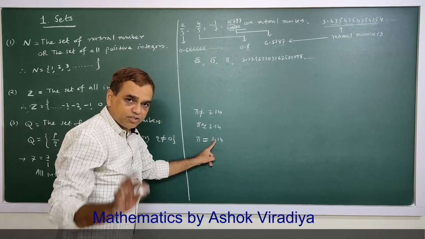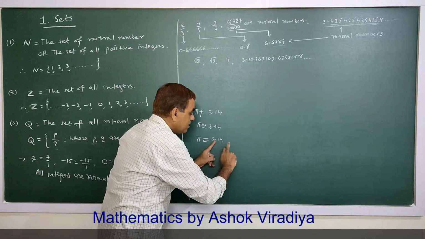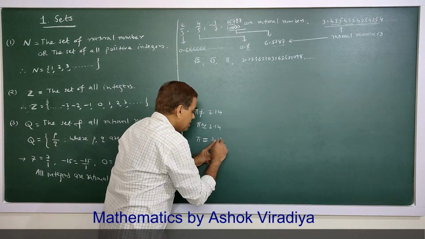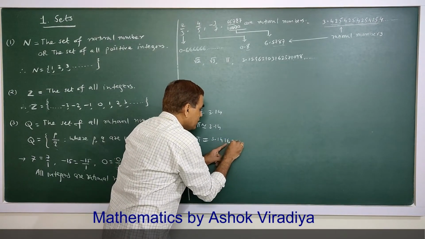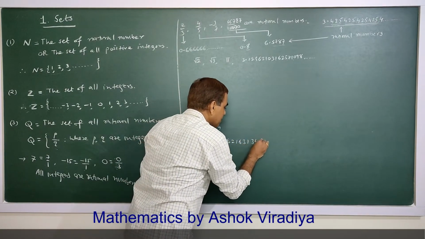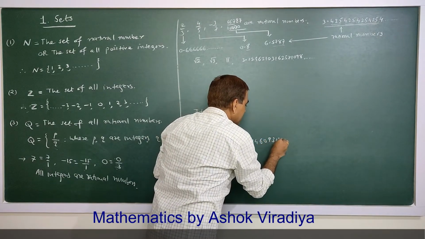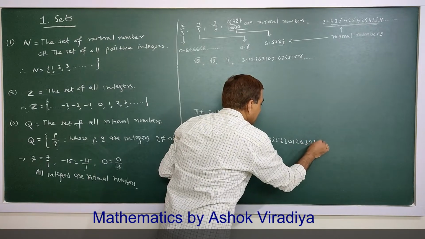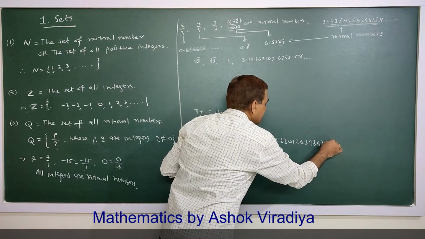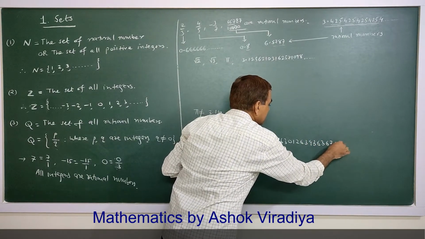As for example, I am putting here a sequence of lump sum digits. Suppose the digits are 3.141621631346009. See, nobody can remember 2 lakh digits. I am putting a random sequence.